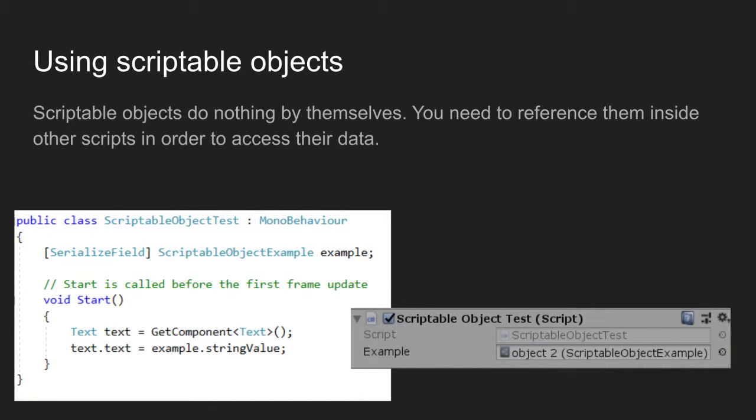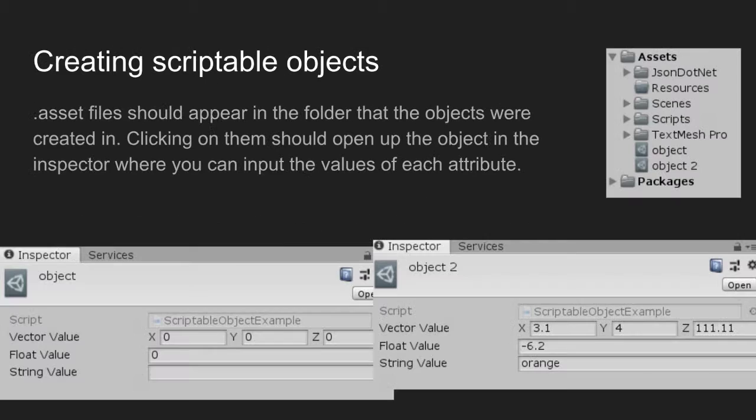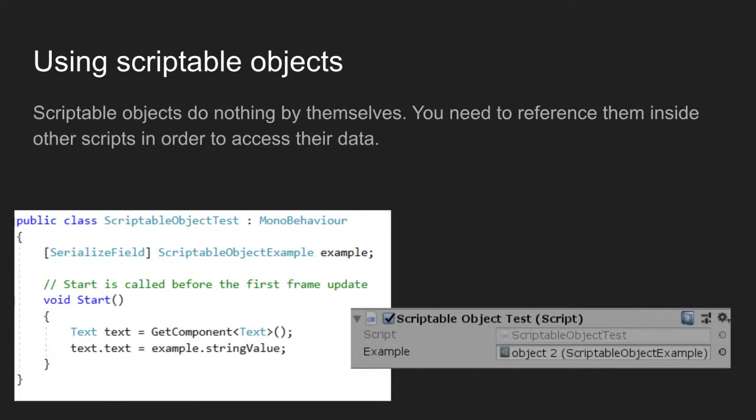Anyway, here's an example of how you can use a scriptable object. Say earlier I had this one, object 2, I called it. Basically, say you have a script called ScriptableObjectTest, and one of the attributes is called example, and it stores a ScriptableObjectExample, which is the other thing I made.